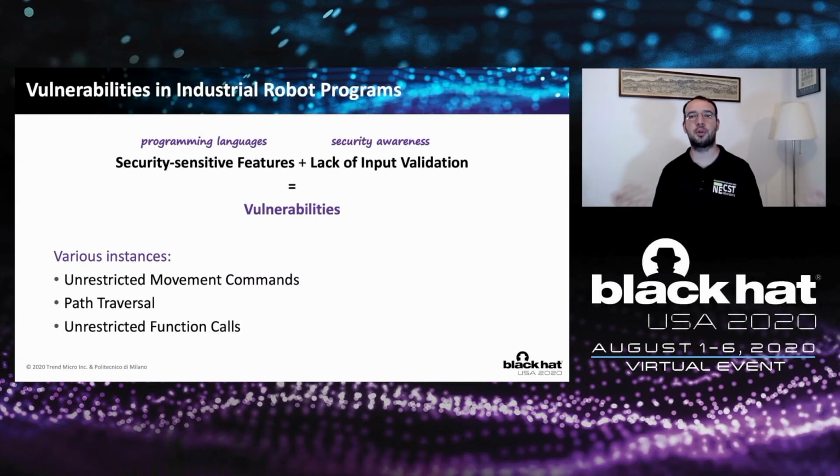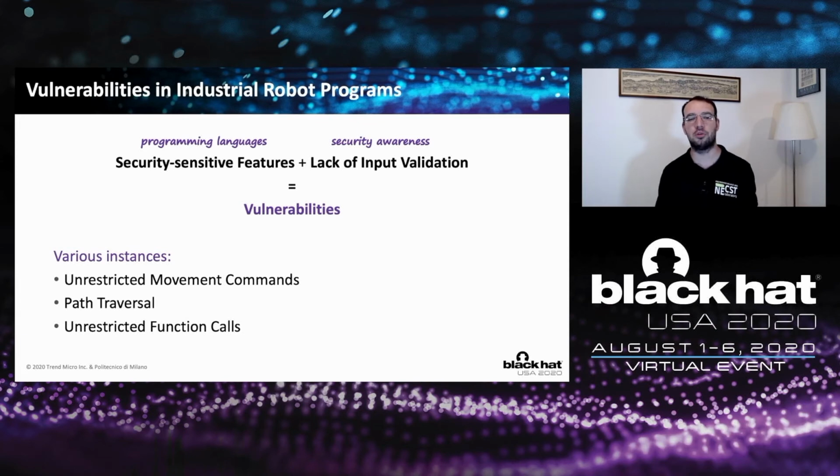Vulnerabilities in industrial robot programs happen because of two ingredients. The first ingredient is related to the fact that the programming languages used for industrial robotics have security-sensitive features, just like the ones that I showed you before. The second ingredient is related to the fact that sometimes task programs lack appropriate input validation, which is partially related to the lack of security awareness among those who program industrial robots, as Federico showed before.